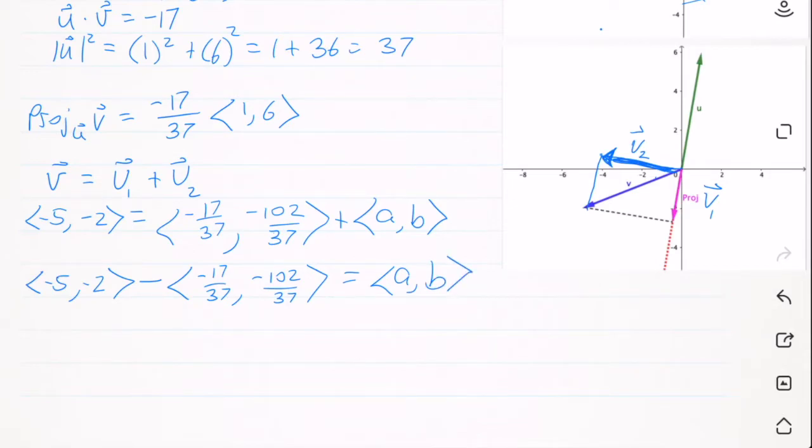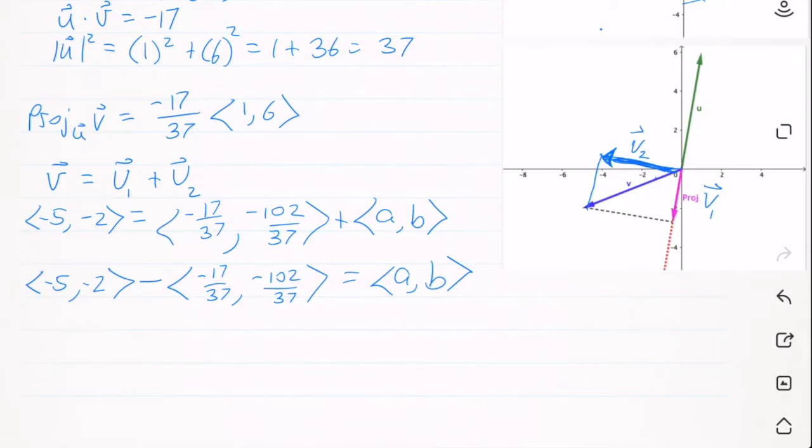Now, if it gets confusing at this point, you can always change everything back into ij notation. This is negative 5i hat, this is negative 2j hat, and then over here you're going to get negative 17/37 i hat and negative 102/37 j hat. Distribute the negative, and combine like terms.